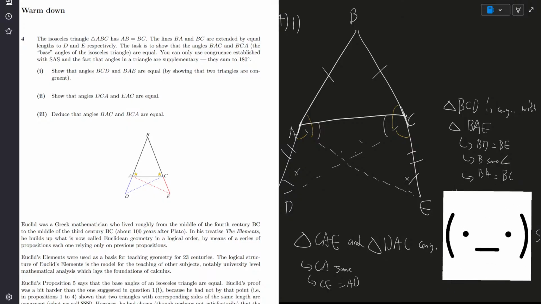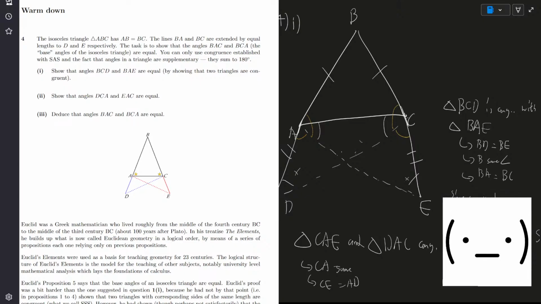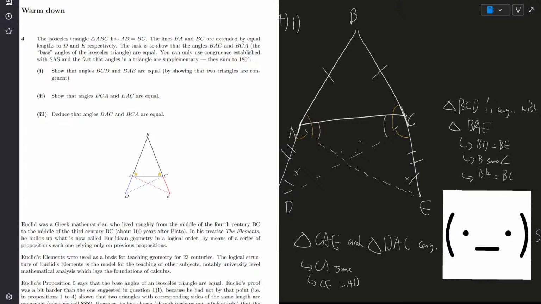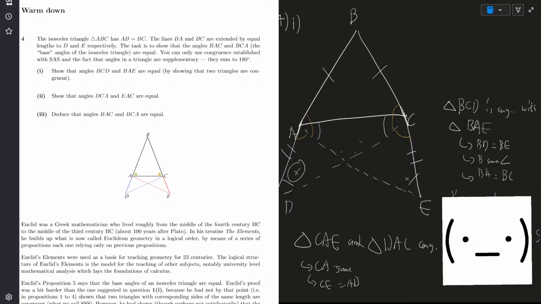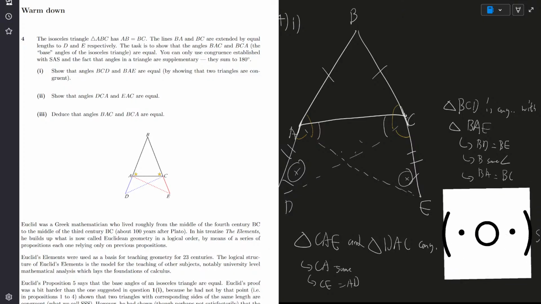Wait, we know these two are equal to each other. Oh, I sense a proof incoming.